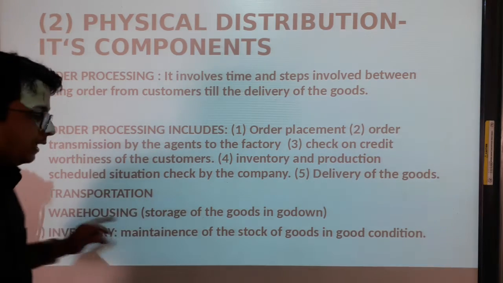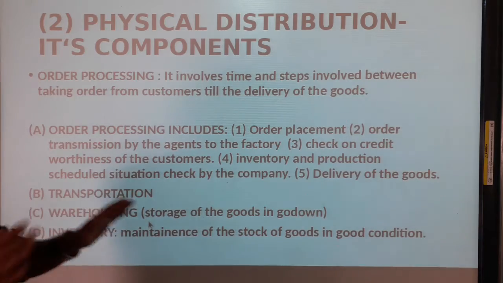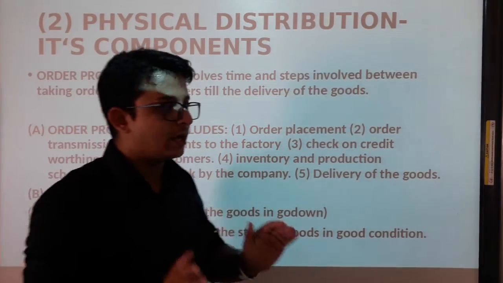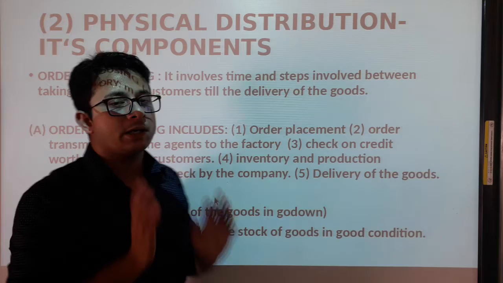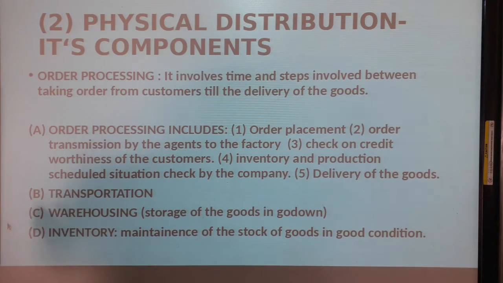Here you see, if transportation is not opted, then there are other steps. Another step is warehousing. The meaning of warehousing is storing the goods in a particular godown. There are particular warehouses. That is the meaning of warehousing.